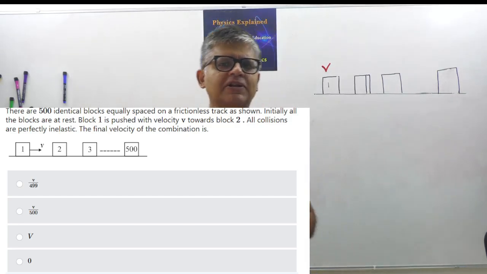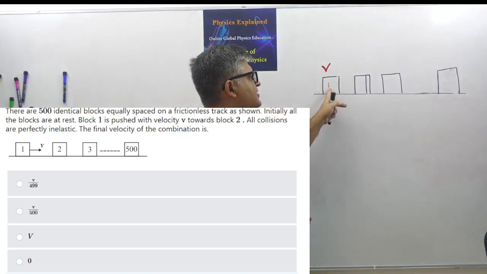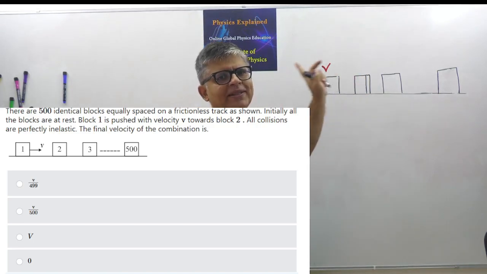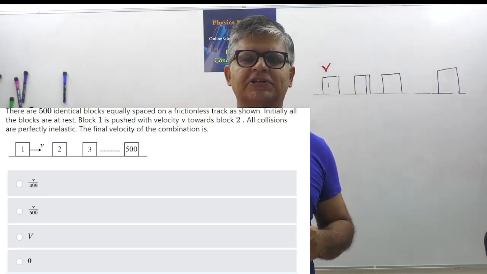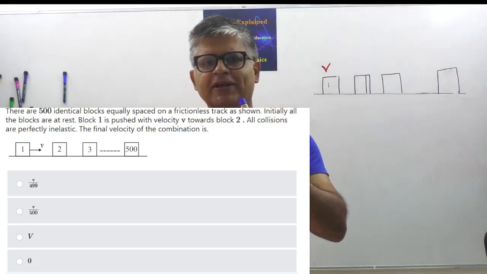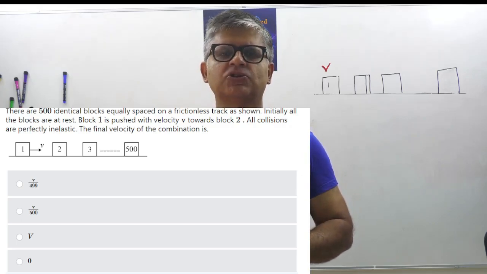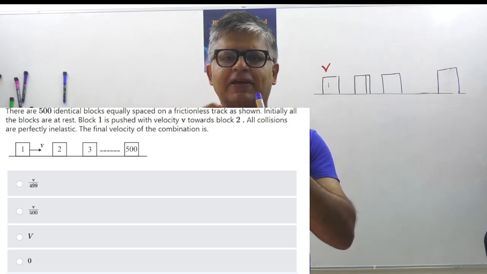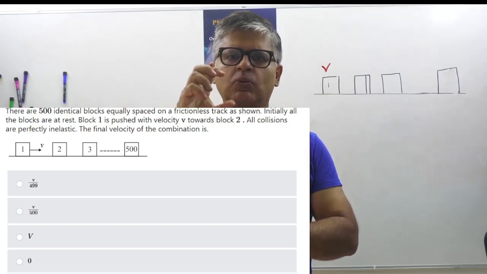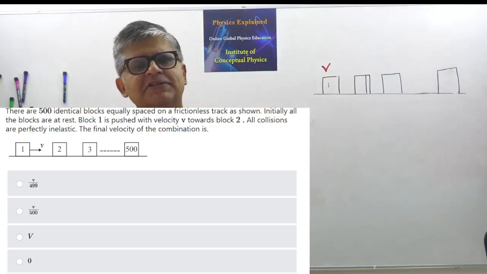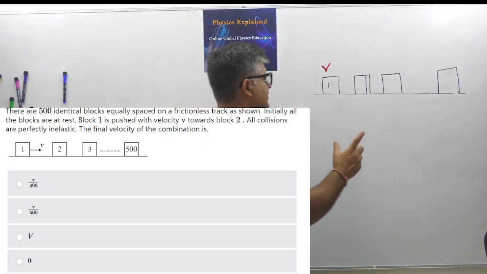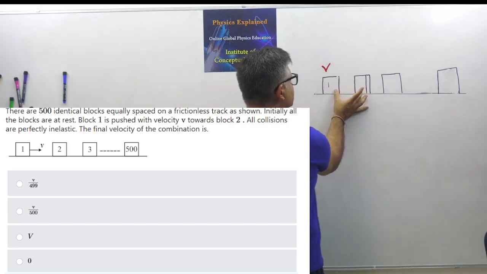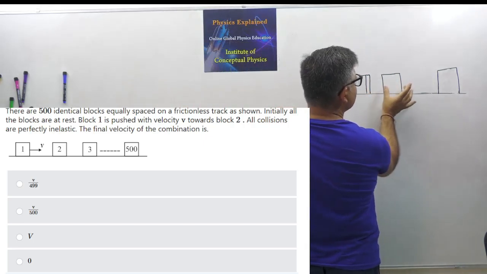So how is the collision happening? The first block goes and collides with the second block in a 100% inelastic collision. What happens? The two bodies club inside each other. This clubbing, going inside each other and becoming one mass, is a key characteristic of the 100% inelastic collision. Then the combination of these two goes and strikes the next block, and so on.